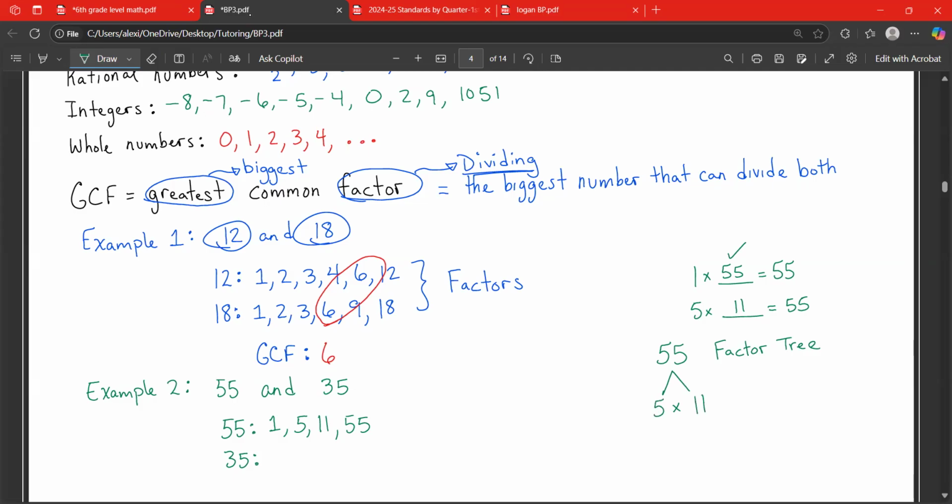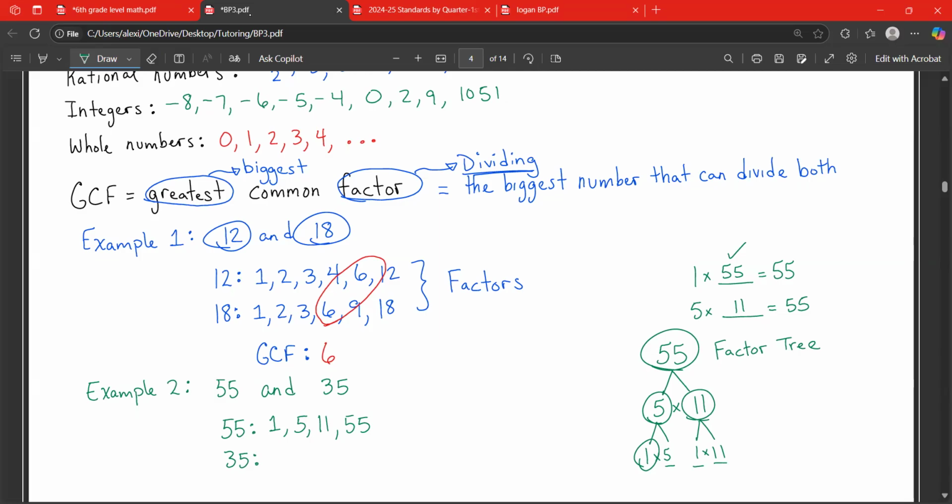And then you say, well, what numbers can I multiply together to get 5? Well, 1 times 5. And what numbers can I multiply together to get 11? 1 times 11. So now you can see all the factors of 55 are staring at you, right? 1 is here, 5 is here, 11 is here, and 55. I don't have to write the repeated numbers. Yes, I see another 5 and another 1 and another 11, but I'm not going to write those.